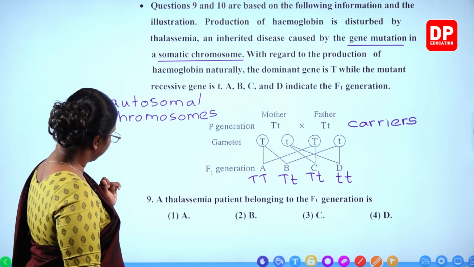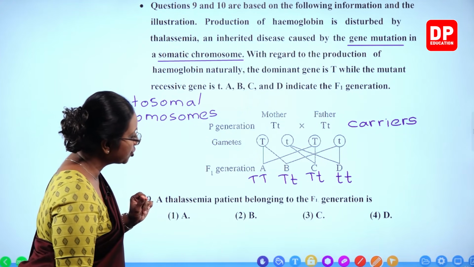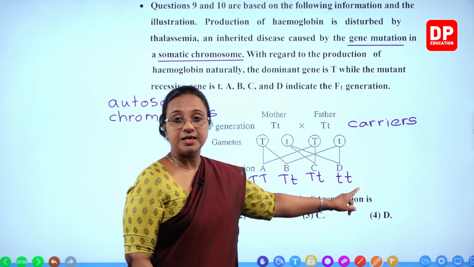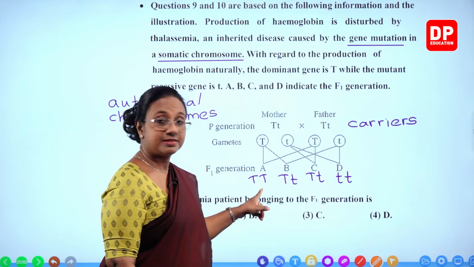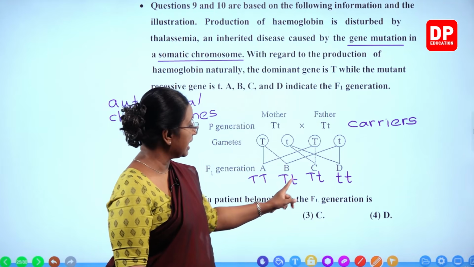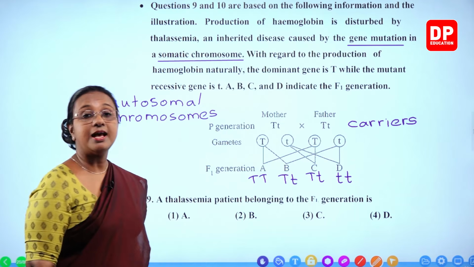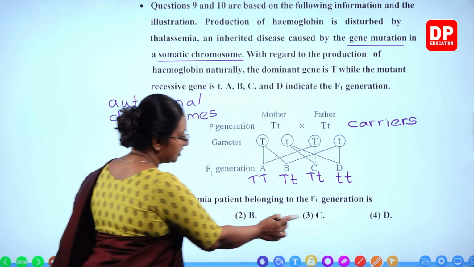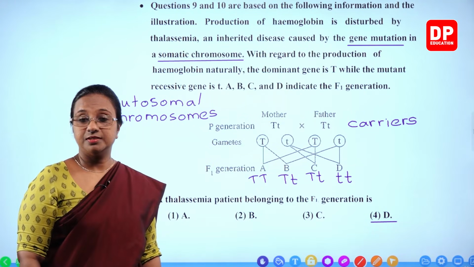Then if we look at question 9, a thalassemia patient belonging to the F1 generation, who is the thalassemia patient? A is a healthy person, B and C both are healthy but carriers, D is the thalassemia patient. So the answer is D. Is that okay, students?